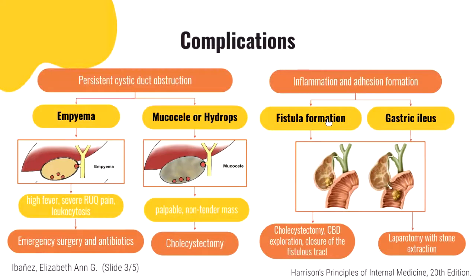This will cause obstruction and later on ileus. Fistulas are managed by either cholecystectomy, CBD exploration, or even closure of the fistulous tract. However, for gallstone ileus, laparotomy with stone extraction is warranted.